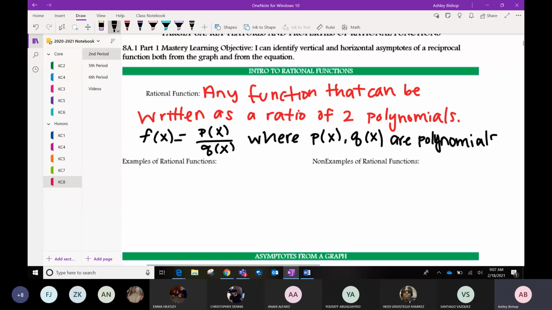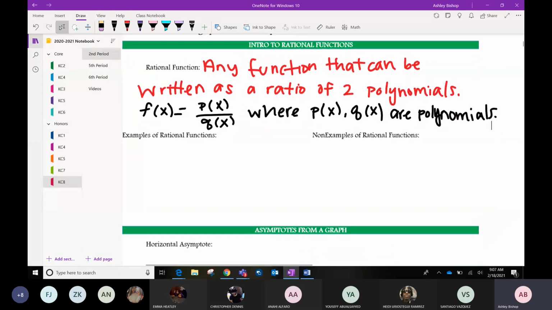Our polynomials. Okay, so some examples that may seem a little bit more familiar to you. An example of a rational function would be, remember, a fraction with two polynomials, one on top, one on bottom, where I can have x to the third power minus 2x squared plus 3 divided by x squared plus 2.